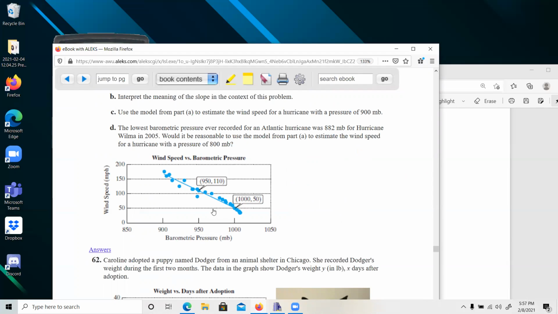So you could look at this, right? And if I extend this out, and I ask you, like, well, what if the barometric pressure was like 1060, 1080, 1100? My wind speed is going to drop to a negative number down here. And that's not going to make any sense.